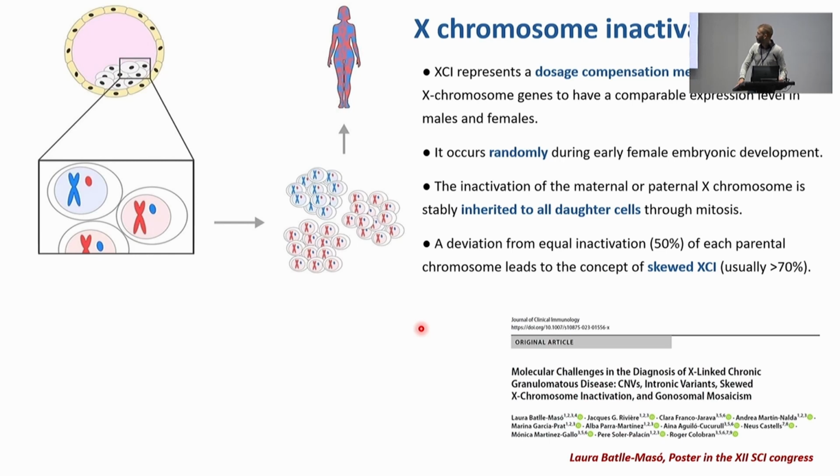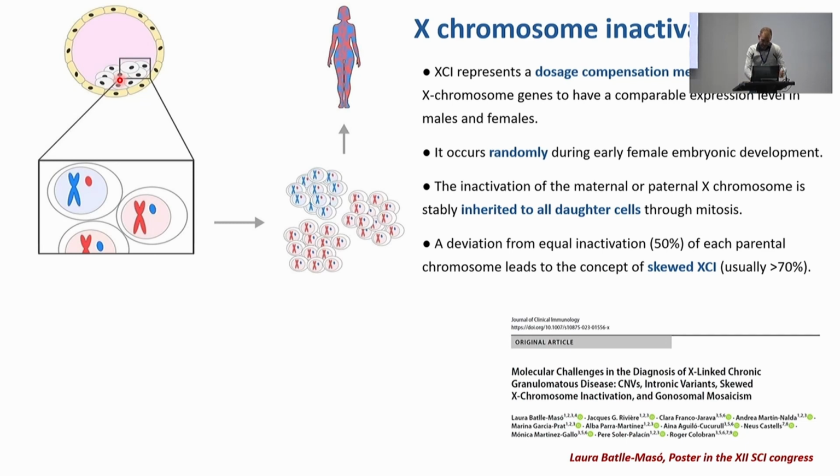As you know, it is a dosage compensation mechanism that occurs in females. It occurs at the first stage of embryonic development, probably around the 8 cells stage. In this stage, each individual cell independently and randomly inactivates one copy of the X chromosome.